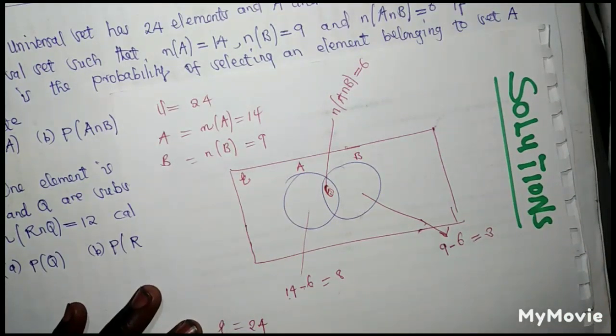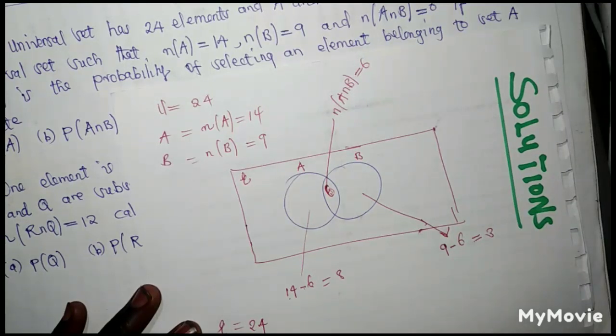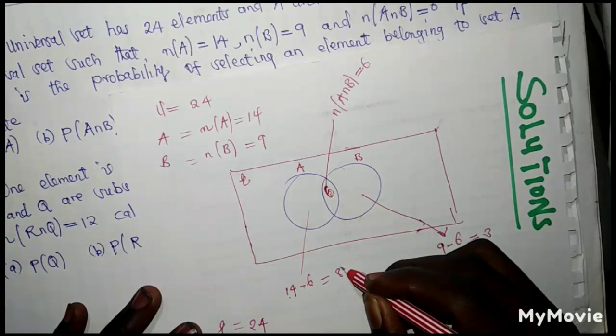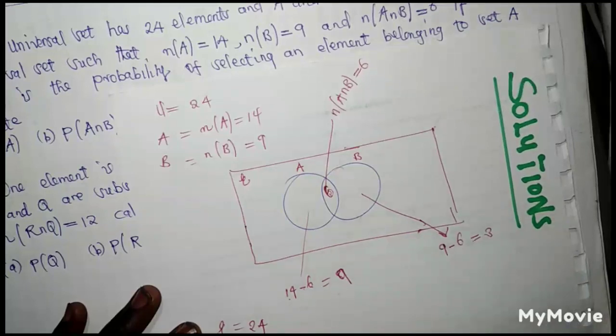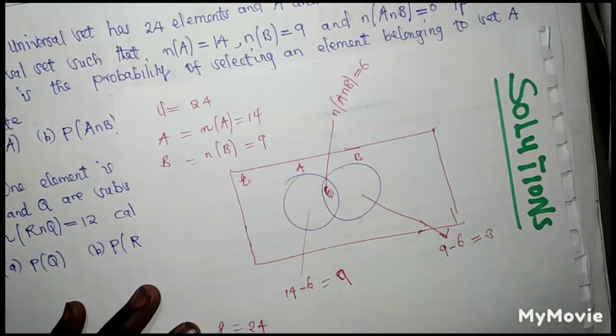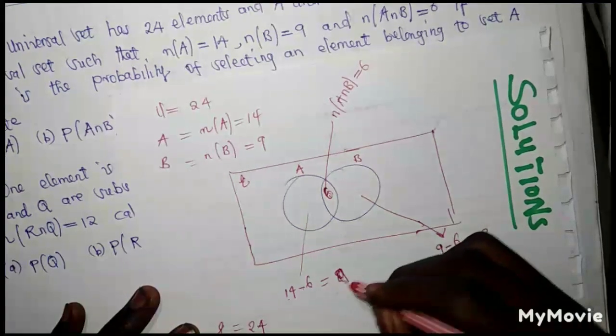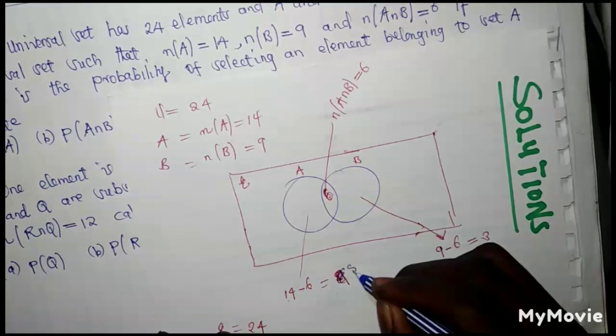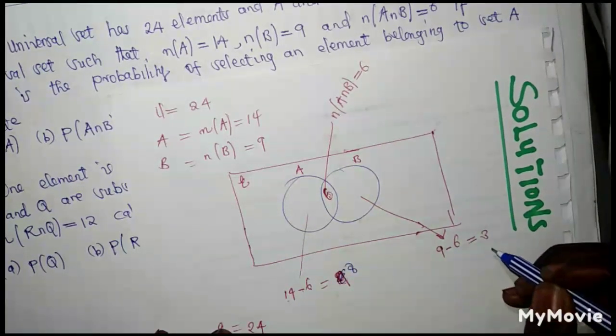Of course, this is probably 9. 14 minus 6 is equal to 8, as I said before, and this is 3.